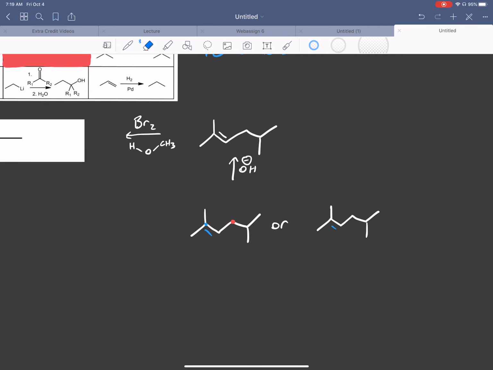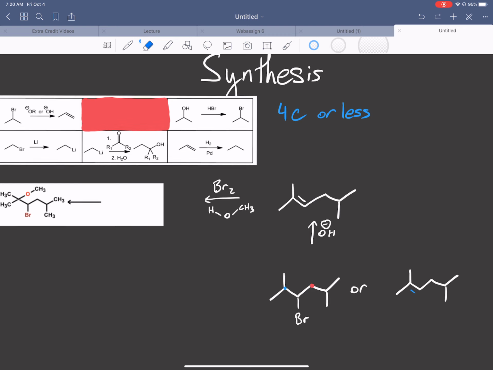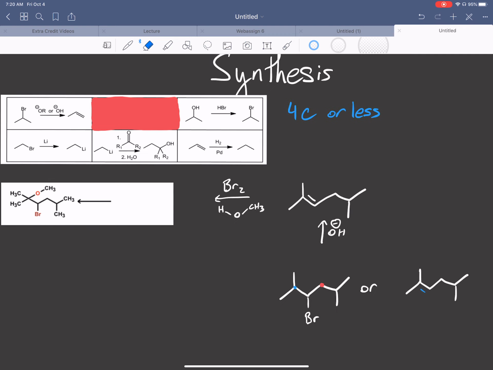Okay. Now I'm going to pick this position right over here for my Br. The reason I'm going to pick that position is because it allows me to cut more carbons, because inevitably we're going to have an OH and we're going to have that cut step, right?